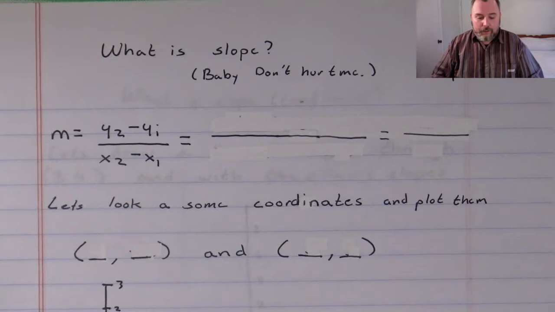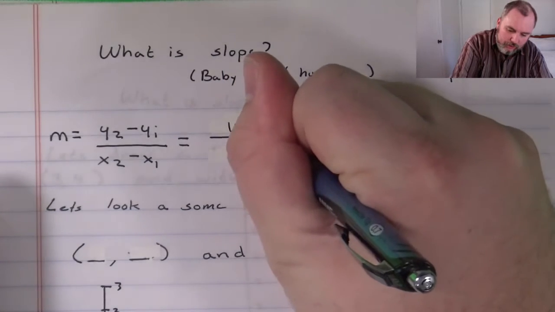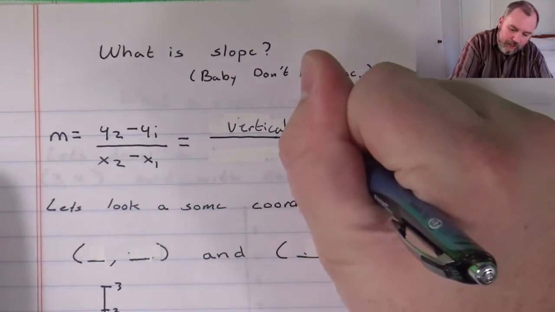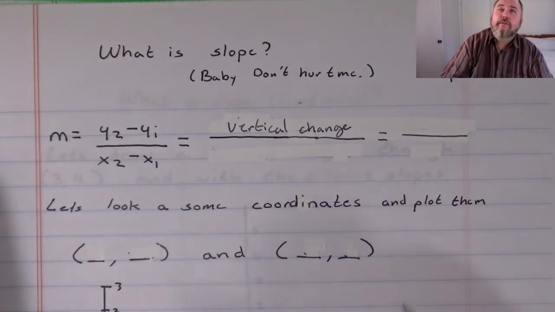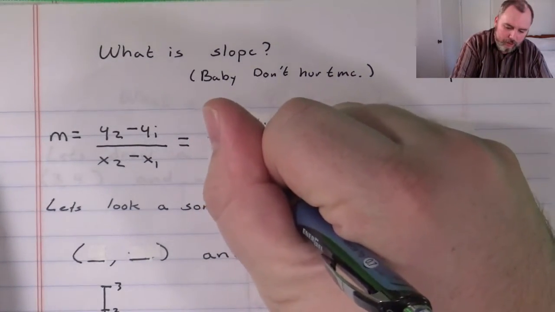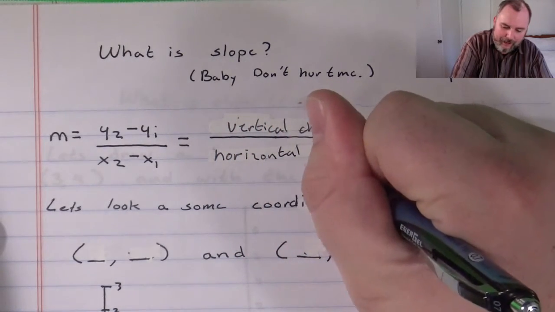Alright, what is slope? You've got the equation y2 minus y1 and so on. This is really what we can simply say: it's a vertical change. In other words, how high did it go up or down, versus our horizontal change, which is how far did it go left or right.